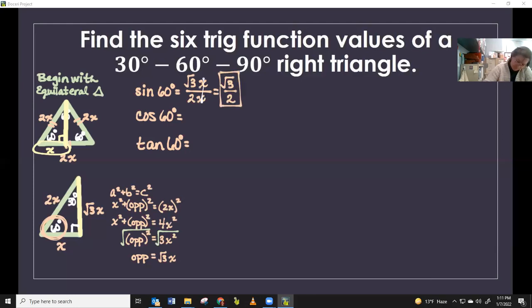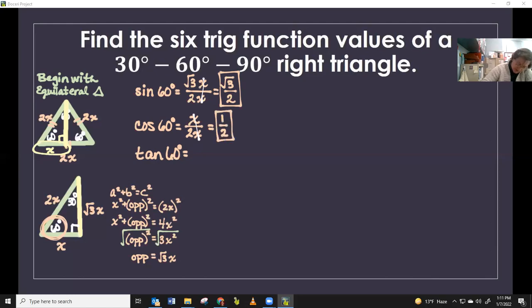What about my cosine? What is the cosine of 60 degrees? x over 2x. So when I reduce that, what do I get? 1/2. Cosine of 60 degrees is 1/2. What about the tangent? Tangent of 60 degrees.